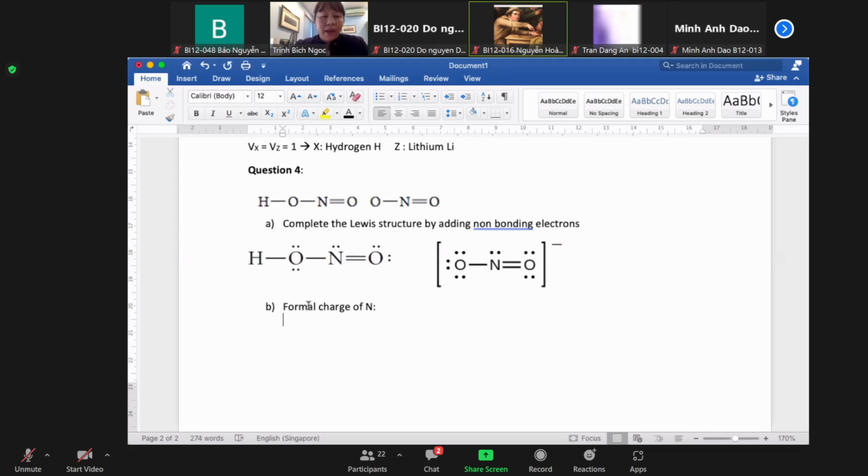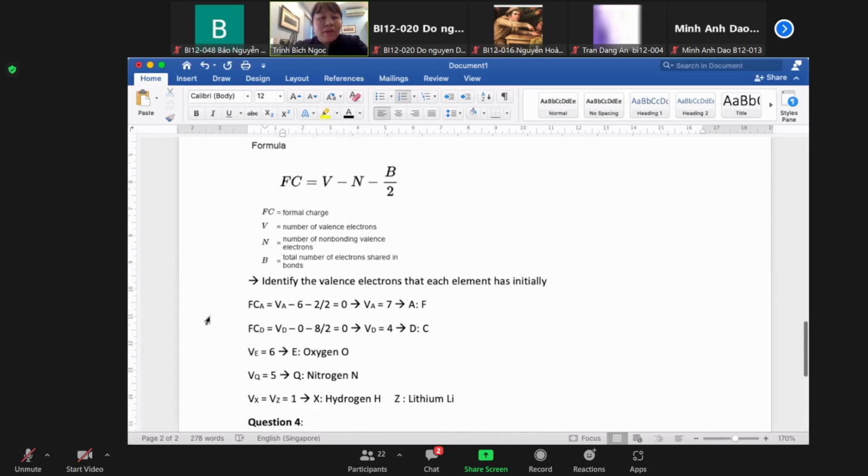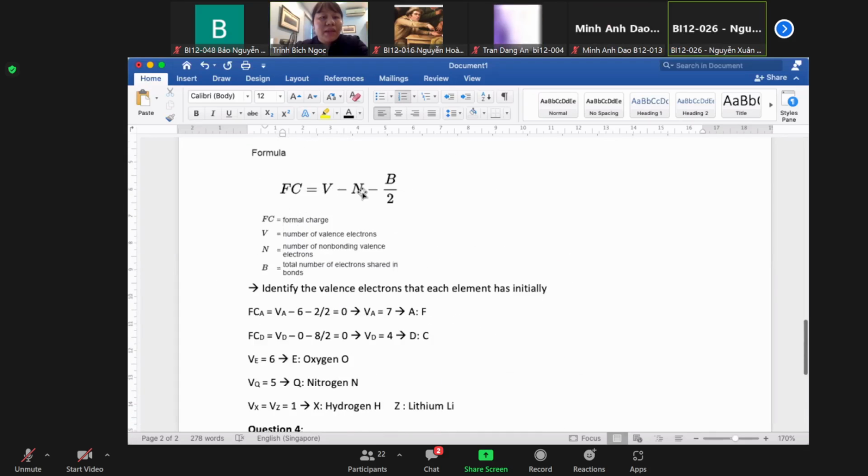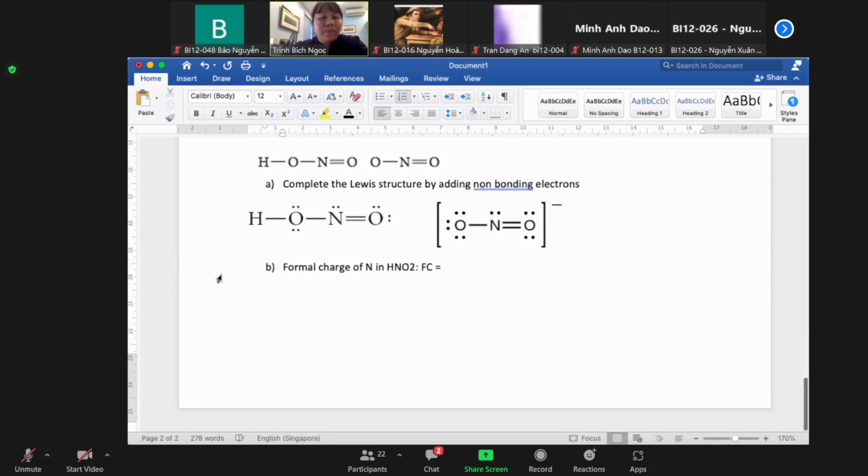The formal charge of N in HNO2, can you calculate? It is V minus N minus B divided by 2.